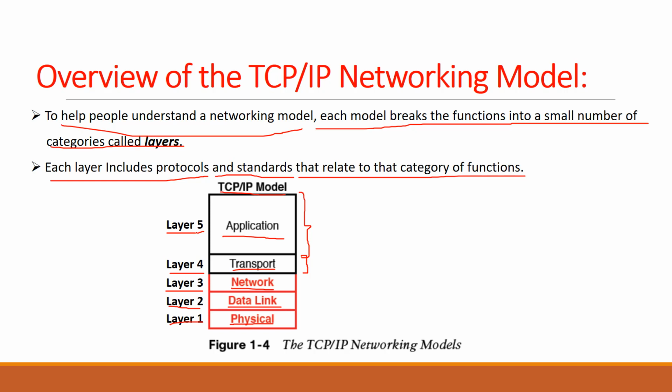Keep in mind the example that we gave at the beginning of this video, where Muhammad tried to send a mail to Jasmine, and then Muhammad tried to send 3 mails to Jasmine's family. The tools that he used are the application. The post office will do the function of the transport layer and the network layer.